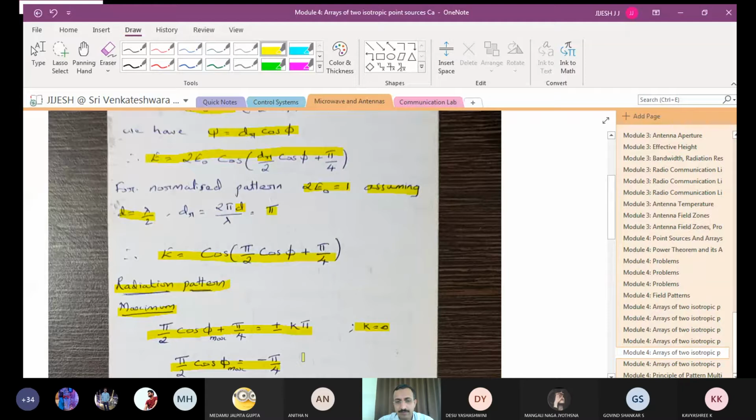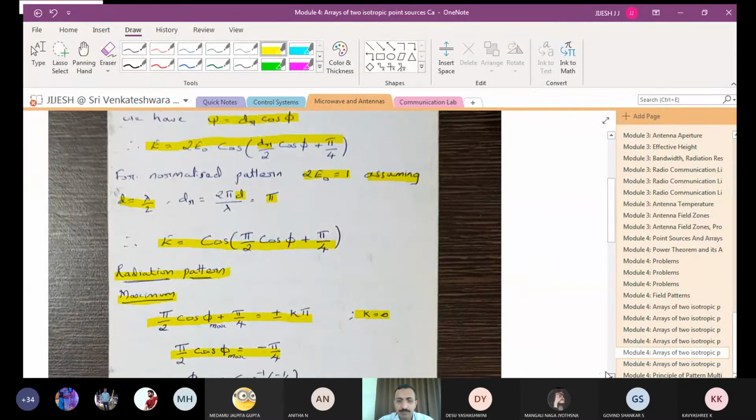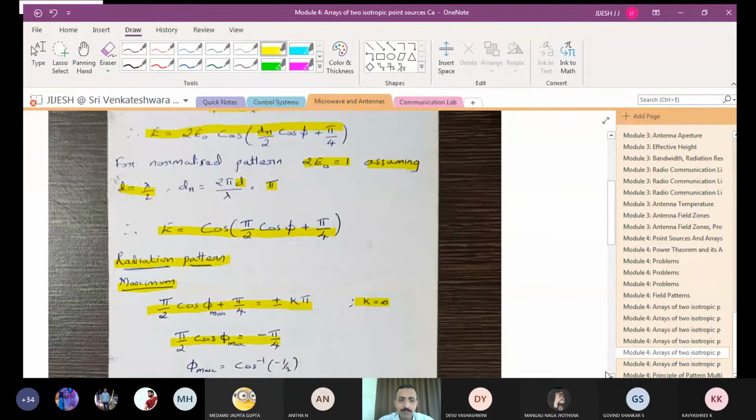So cos phi maximum will be minus 1 by 2, or phi maximum will be cos inverse of minus 1 by 2. So from this you can find the angle phi max, using the equation cos inverse of minus 1 by 2.